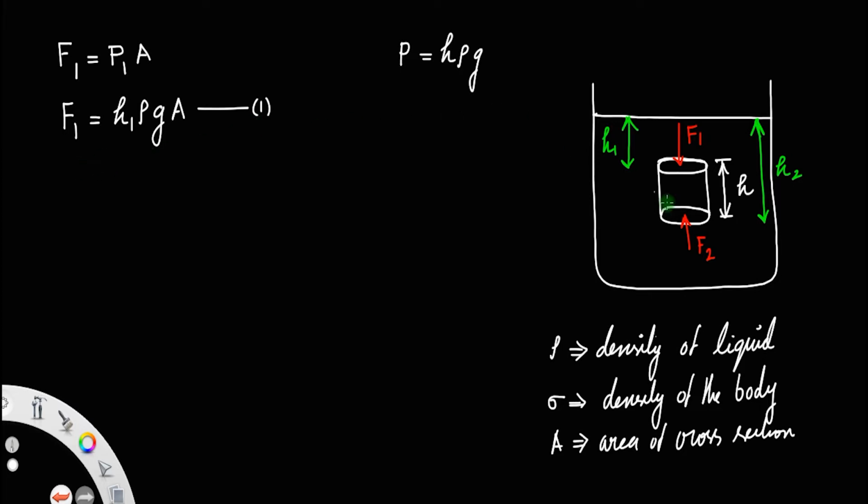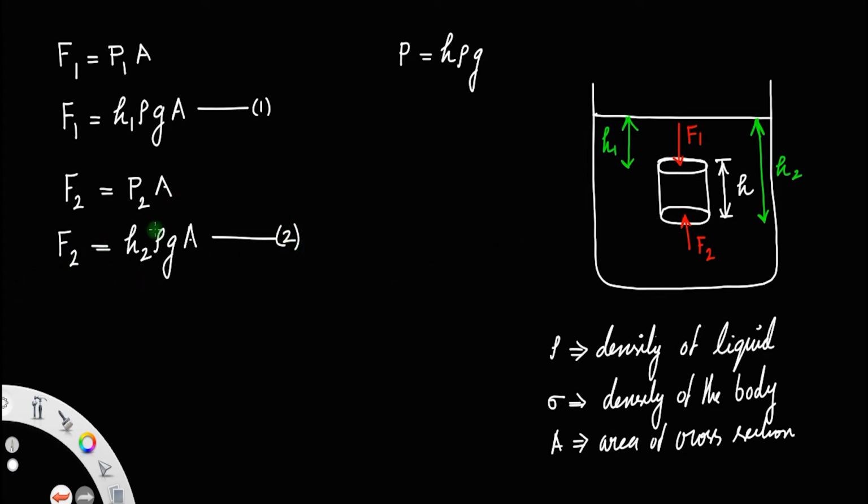Similarly, the force acting at the bottom of the cylindrical surface will be F2, which is equal to the pressure at the bottom surface into area. Therefore, F2 is equal to h2 rho g into A. That is equation number 2.